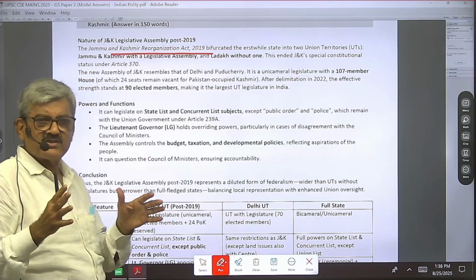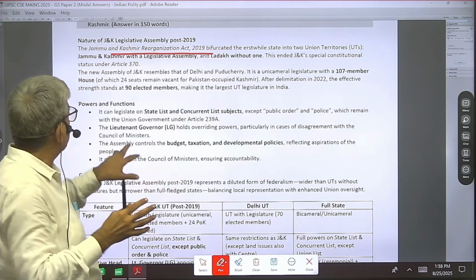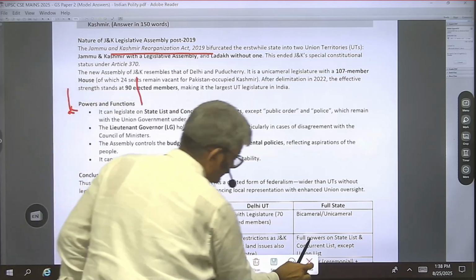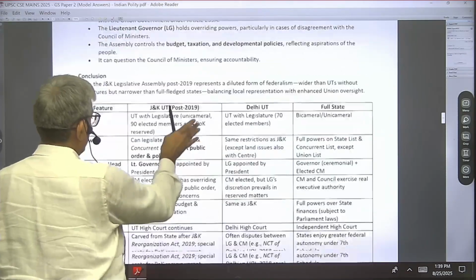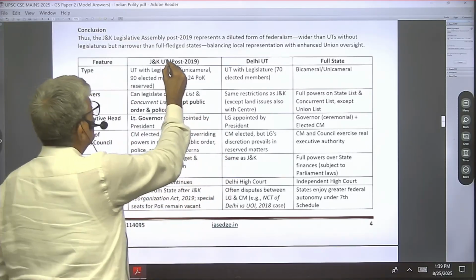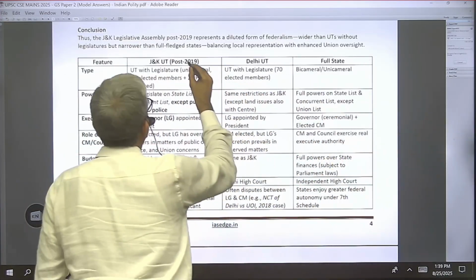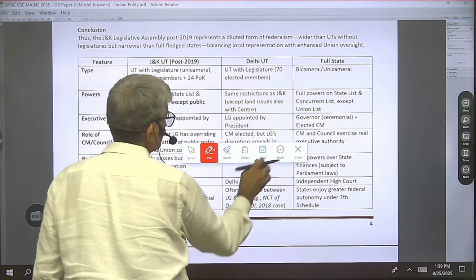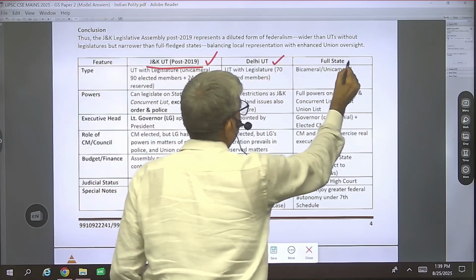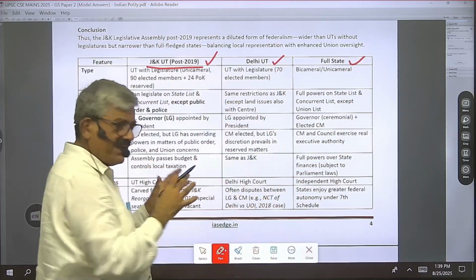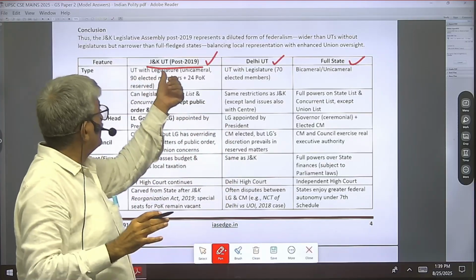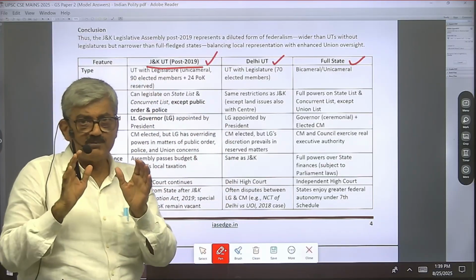Therefore, the question was almost expected, and these are the powers: state list and concurrent list. We have dealt with it a bit lengthily in the sense that we are supposed to discuss Jammu and Kashmir post-2019 with Delhi and a full state, how they can be compared, and how to put J&K as a union territory into a proper perspective.